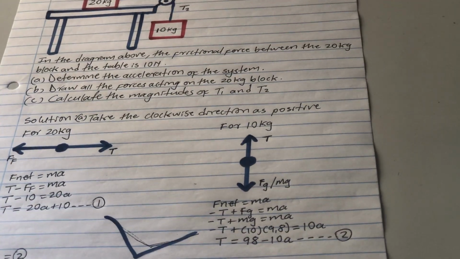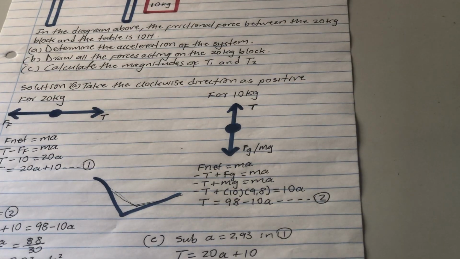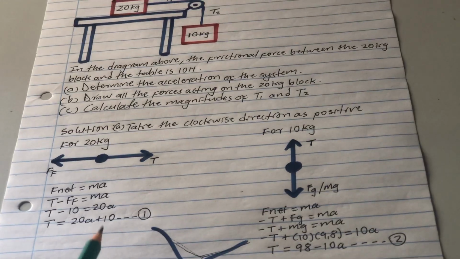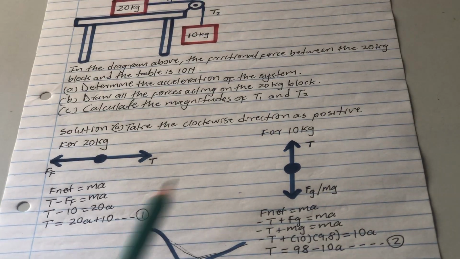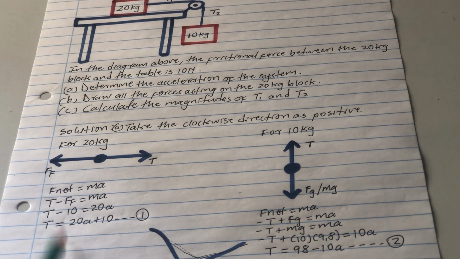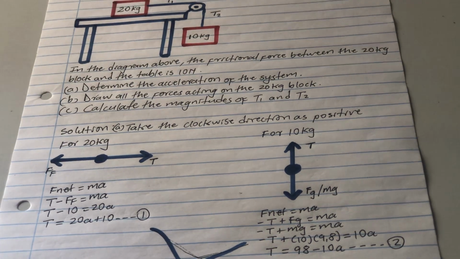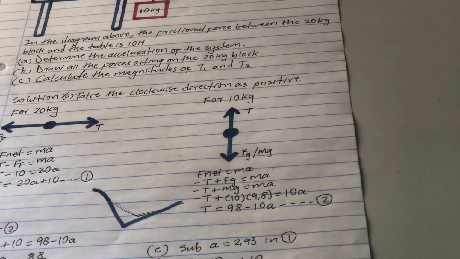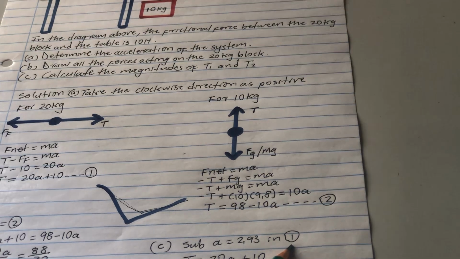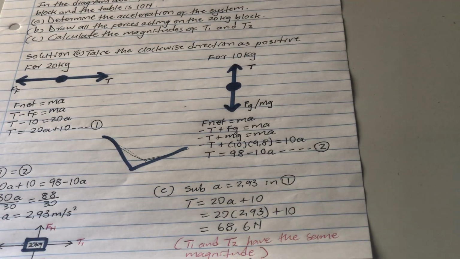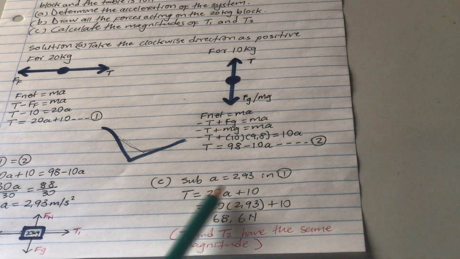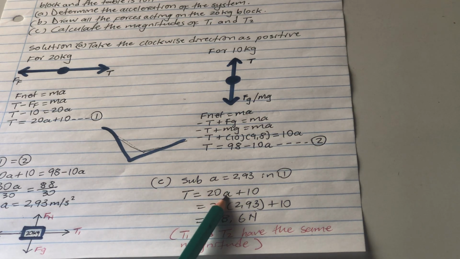How do I calculate the tension? Remember, I have two equations here, equation 1 and equation 2, all of them equal to T. It means that I can use equation 2 or equation 1 to get the tension. Let's do it here. I've chosen to use equation 1. Here's the equation 1. We already know the value of A, which is 2,93.